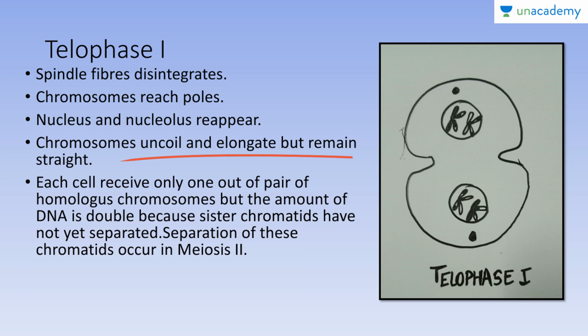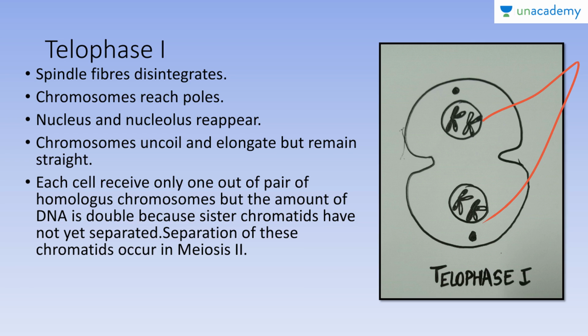But because the cell still has to complete another phase, that is meiosis 2, these chromosomes are still stable. They don't become completely coiled into chromatin material. Now what happens is that only one homologous chromosome out of a pair is received by each cell.